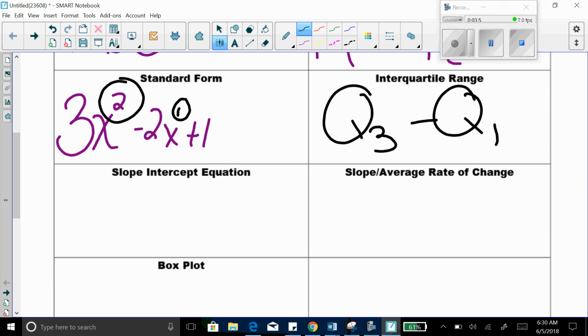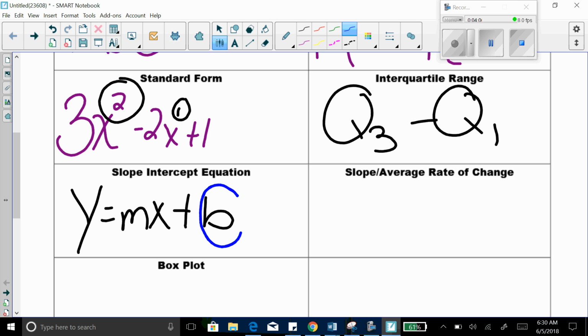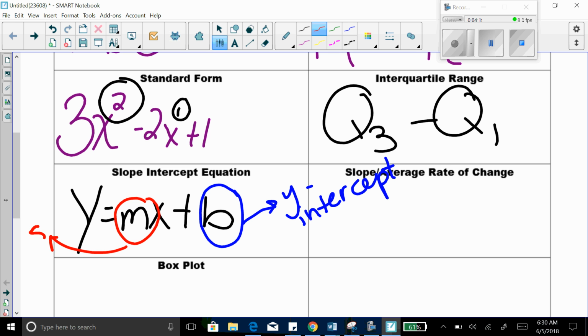The next thing you need to know is the slope-intercept equation, and that's just the equation of a line, which is y equals mx plus b. Where your b is your y-intercept, and your m is your slope or your average rate of change.